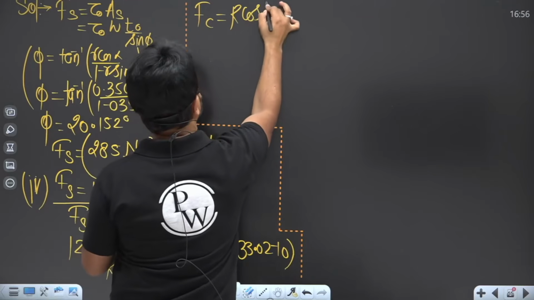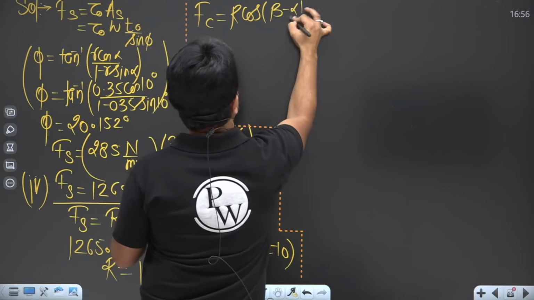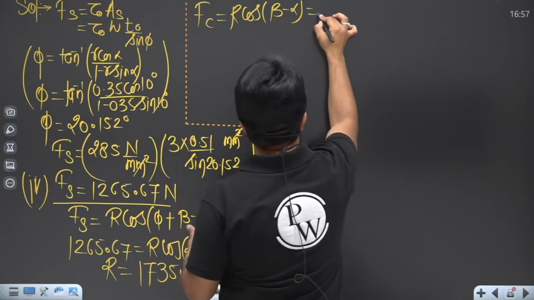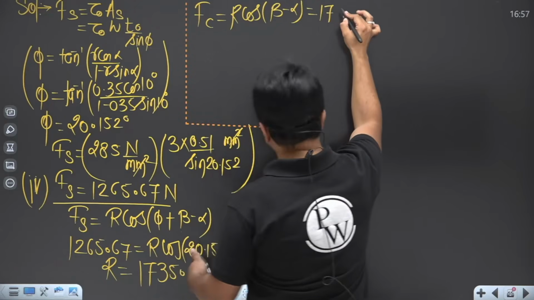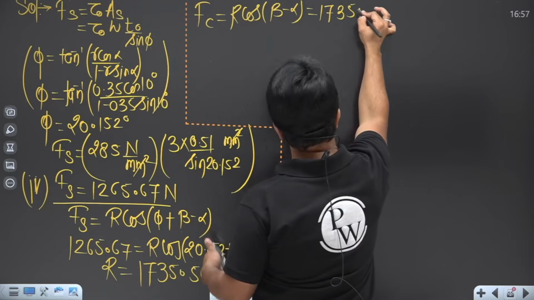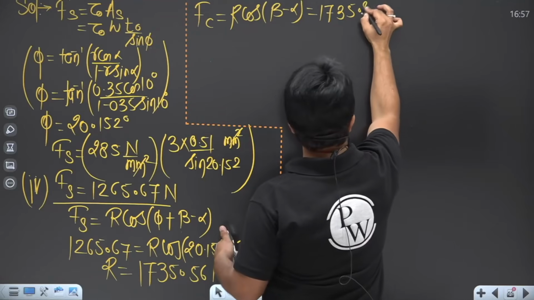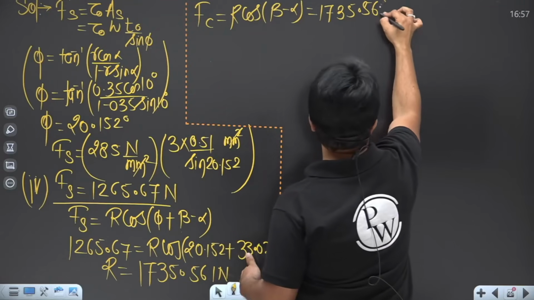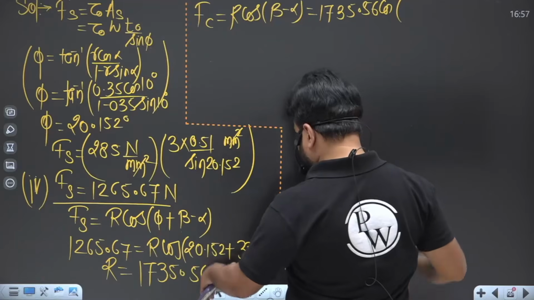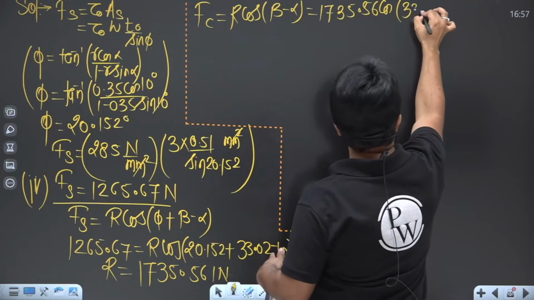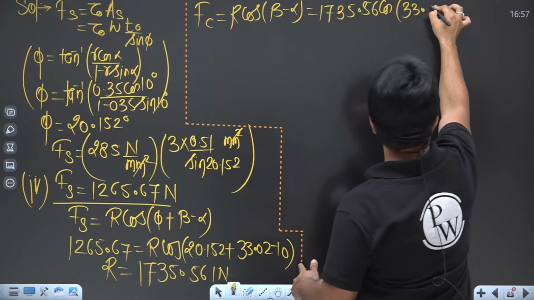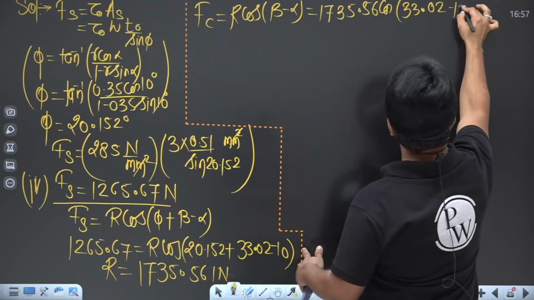Now, what is Fc from the merchant circle? R cos(beta minus alpha). So R is 1735.56 cos of beta, that is 33.02, minus alpha, that is 10.